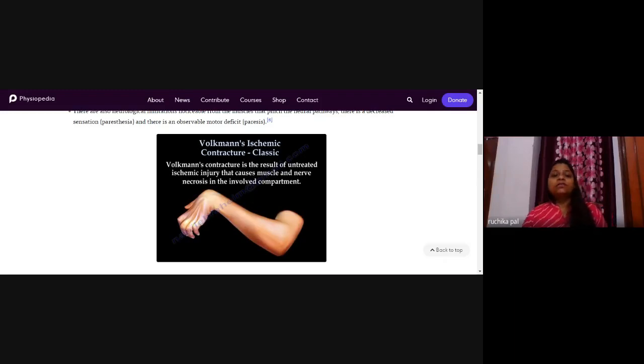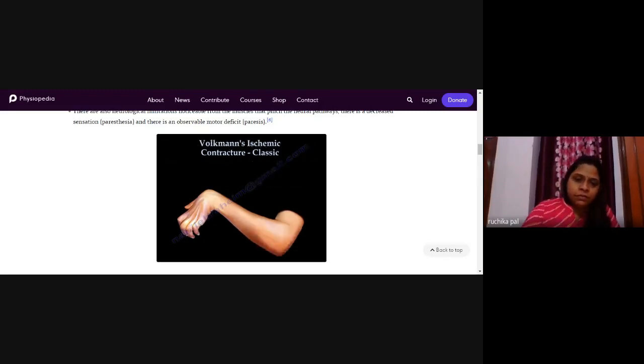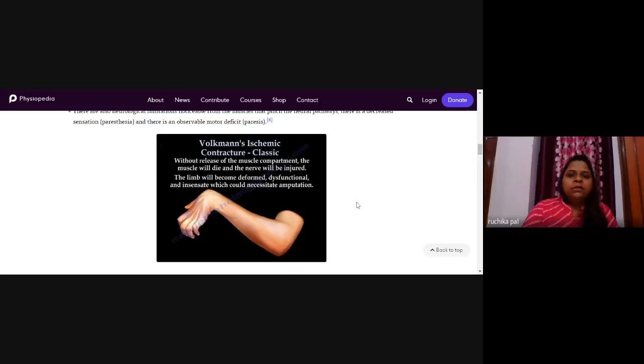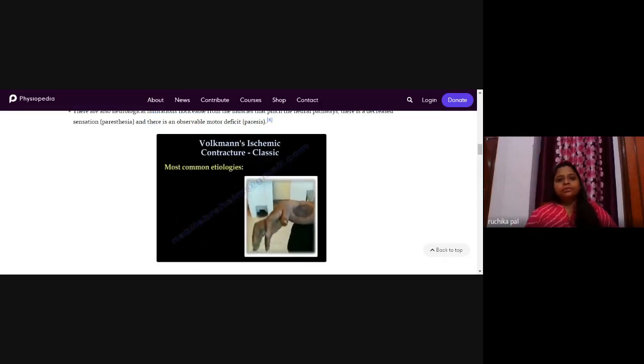It is a result of ischemic injury that causes muscle and nerve necrosis in the involved compartment. Without relief of the muscle compartment, the muscle will die and the nerve will be injured. The limb becomes deformed.